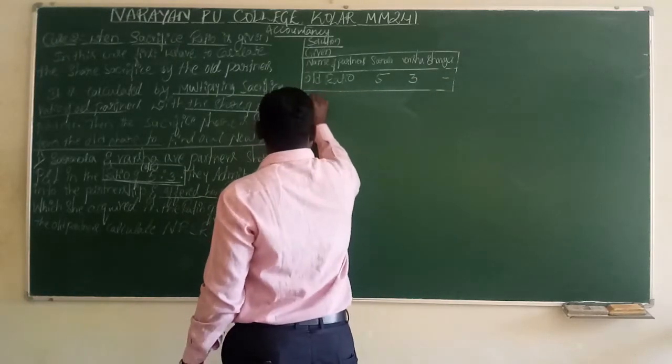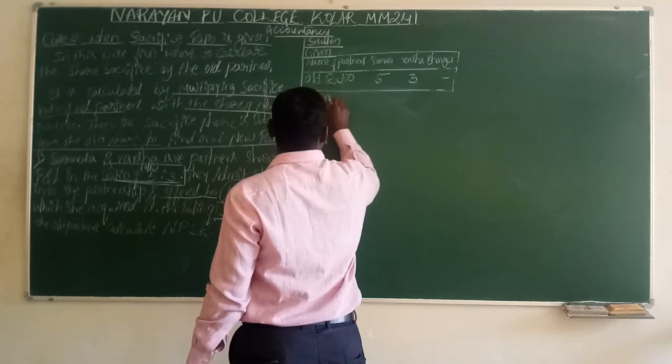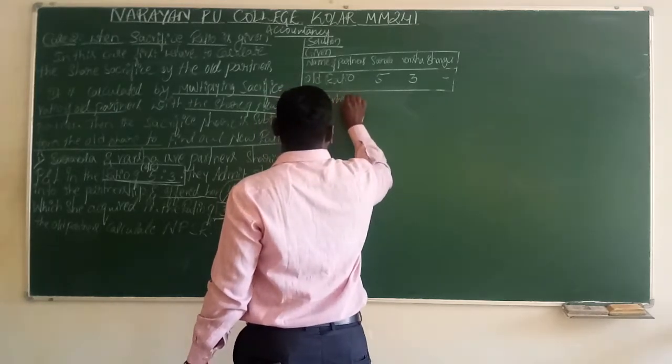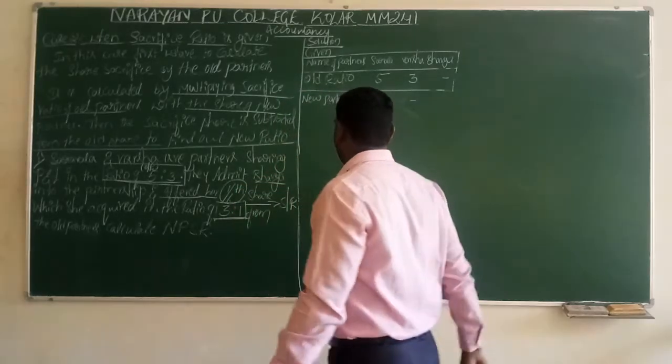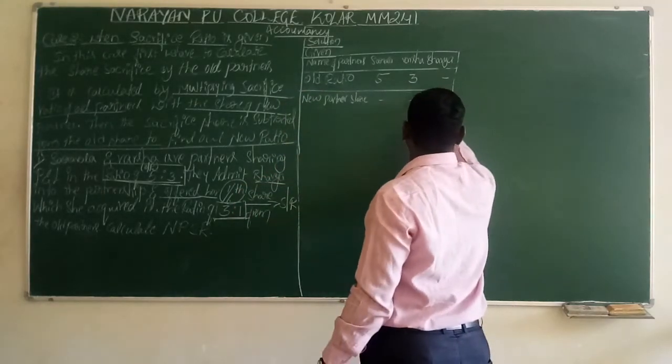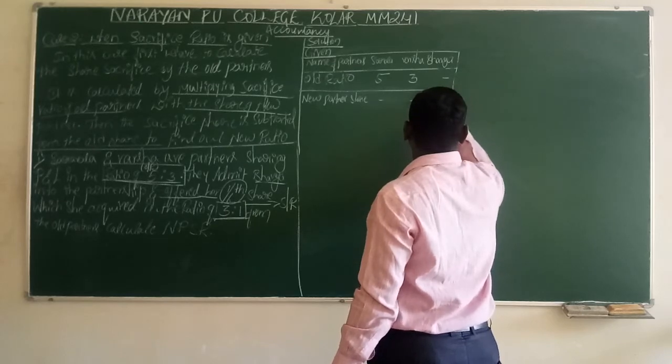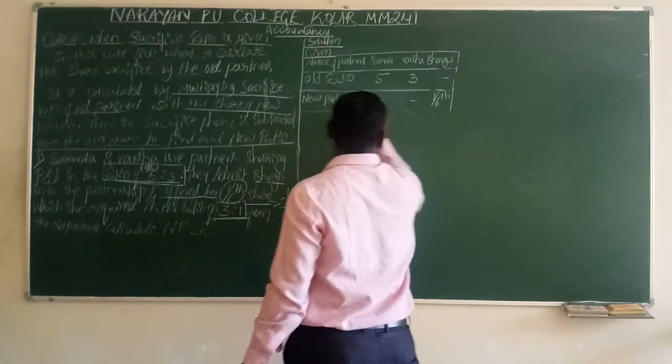Instead of that, the new partner's share. The first two partners have none; Bhavya is the new partner. A 1/6 share is offered to Bhavya.